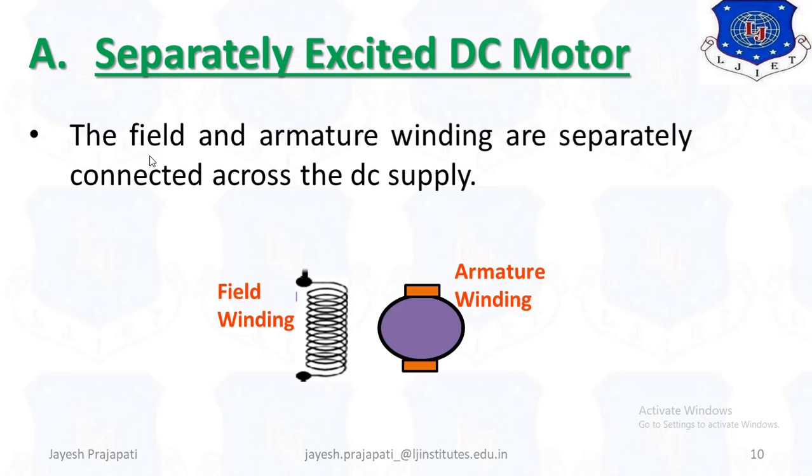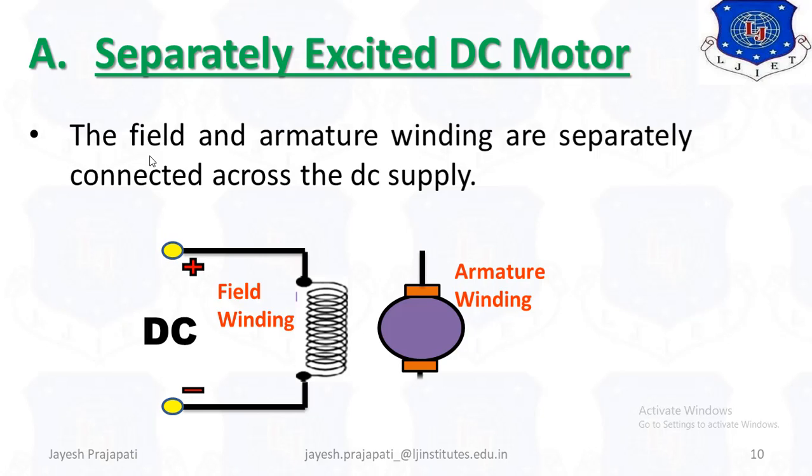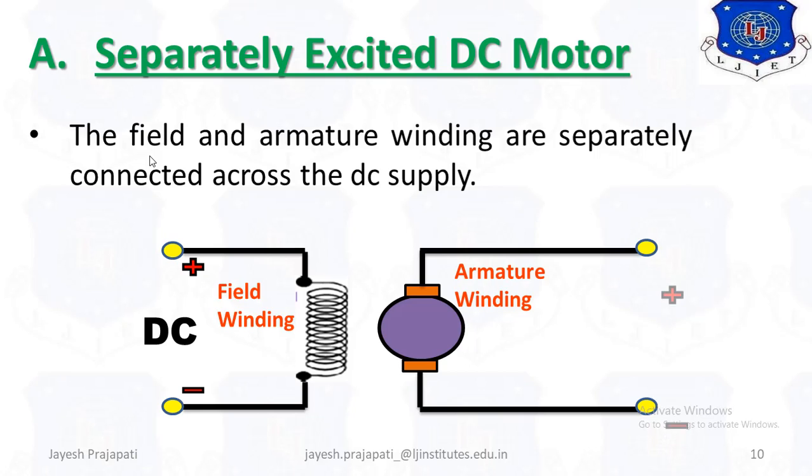The field winding is connected across the external DC supply, and the armature winding is also connected to the DC supply. At the center of the armature there is a shaft at which we get output in the form of mechanical energy. You can see in this figure there is no physical connection between field and armature winding.